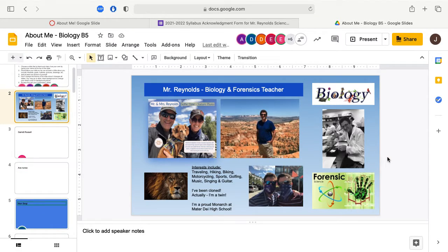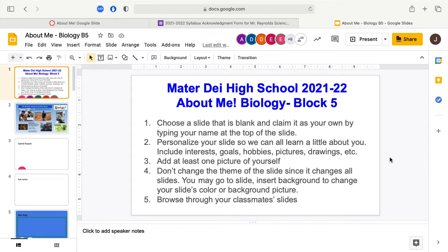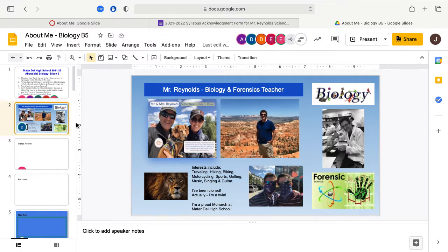So here's my slide for an example, so I've got my name there, several pictures. Got my interests right here. I like to travel. I think I've been to 45 states. I don't know if I've really missed that many.